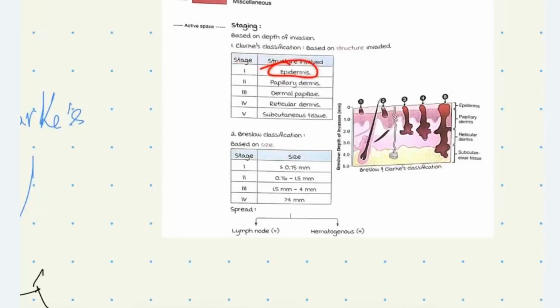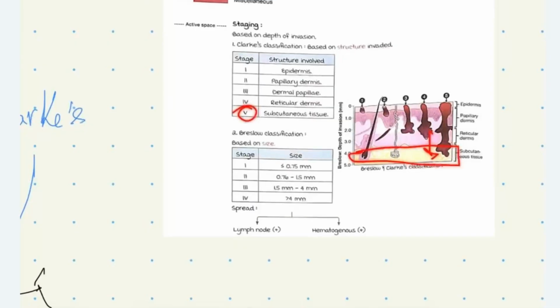It is stage 2 if it involves papillary dermis. It is stage 3 if it involves dermal papillae, that is this one, dermal papillae. It is stage 4 if it involves reticular dermis. It is stage 5 if it involves subcutaneous tissue. Very easy classification, Clark's classification.